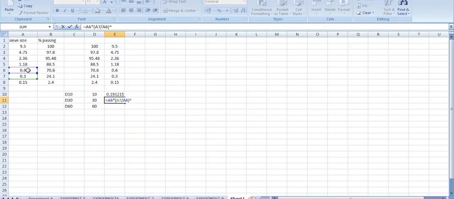Now open brackets, x minus si, x minus si. So your x will be the D30. So you click here, minus si. So your si is this. This is your si.